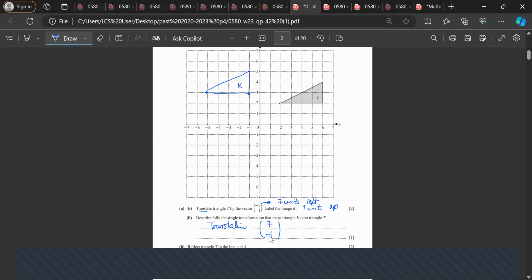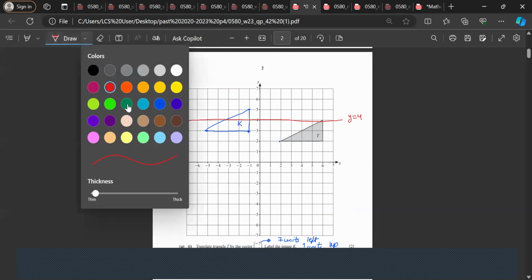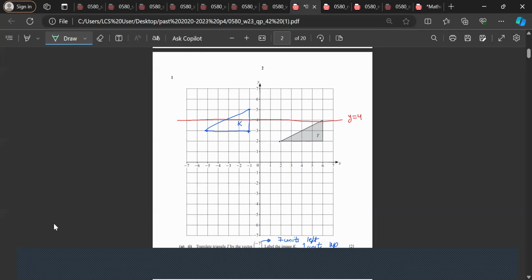Reflect triangle T in the line y equals 4. Where is y equals 4? Here I will draw the line. y equals 4. Then I'm going to reflect on it.